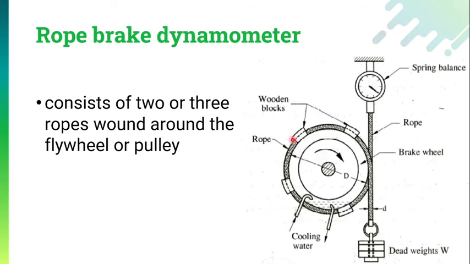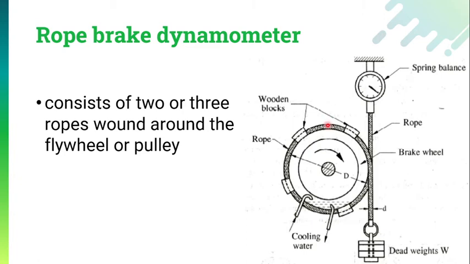Additionally, you can observe that there are some wooden blocks available on the flywheel or pulley. What will the wooden blocks do? They will apply some extra friction to the flywheel. There are a number of wooden blocks available with the ropes, on the circumference of the flywheel.